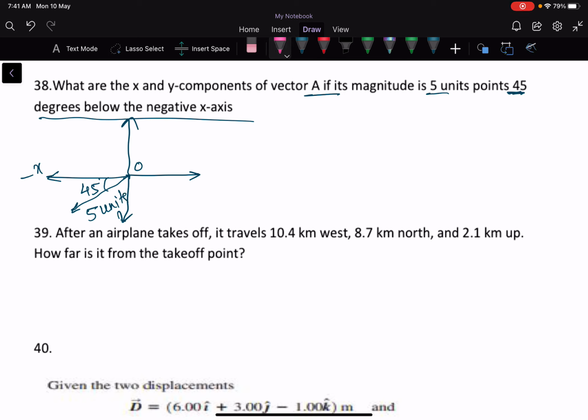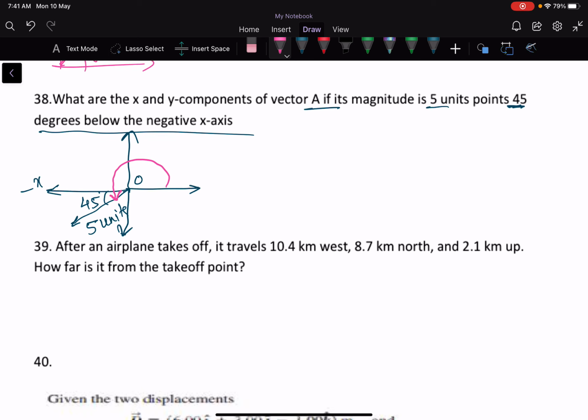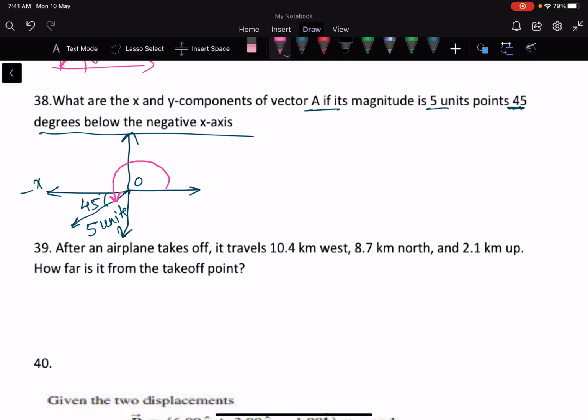So what is the angle now? The angle from the positive x-axis to the vector in the counterclockwise direction. That is, A is equal to 5 units at an angle of 180 plus 45, which is nothing but 225 degrees.